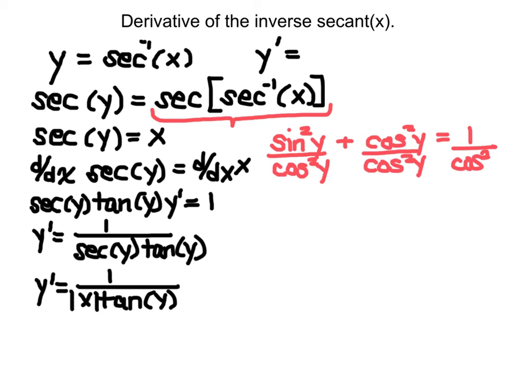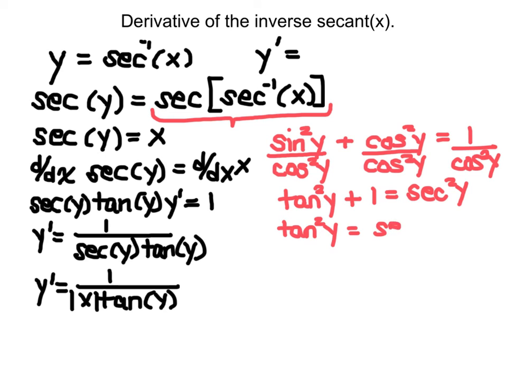And we end up with the tangent squared y plus 1 is equal to the secant squared y. And we're solving for the tangent of y, so the tangent squared y is equal to the secant squared y minus 1. And we're going to take the square root of both sides.